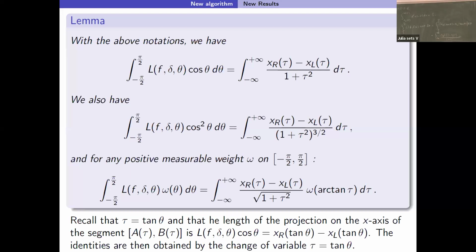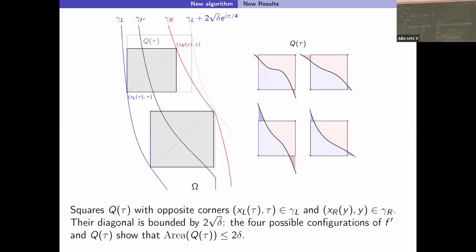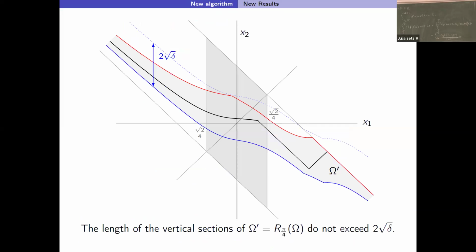So now we are almost done because we have this diagonal of the square where we have this estimate square root of delta, and we just have to turn it 45 degrees. On some interval here, we don't care about this factor that will help us near infinity because it's not needed.